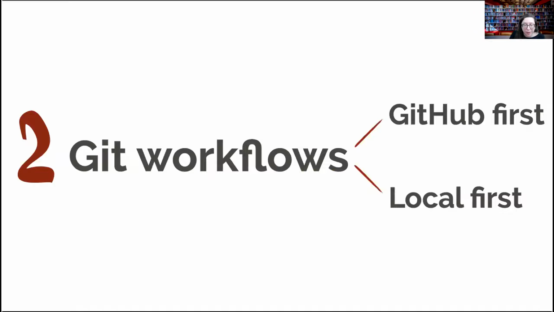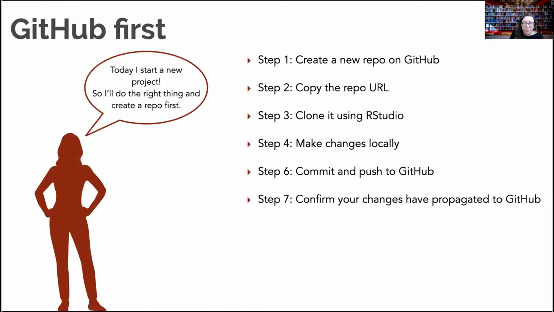There are really two Git workflows we can think of. One of them is the GitHub first workflow, and the other one is the local first workflow. In the GitHub first workflow, you're in a GitHub mindset. If you're starting a new project, you create a new repository on GitHub, you grab its URL, you clone it using RStudio, you make some changes locally, and you commit and push your files back to GitHub and confirm that your changes have propagated to GitHub.